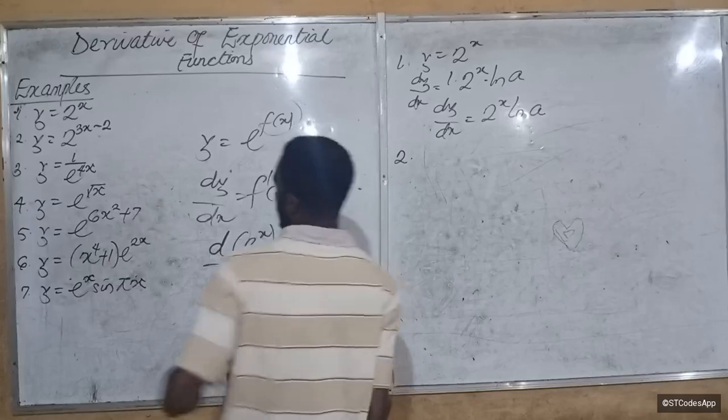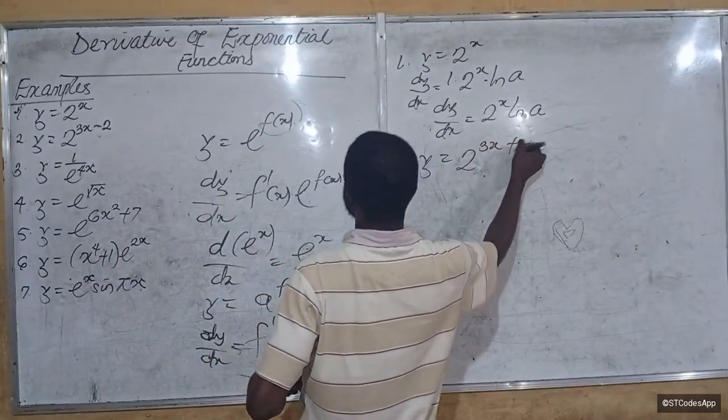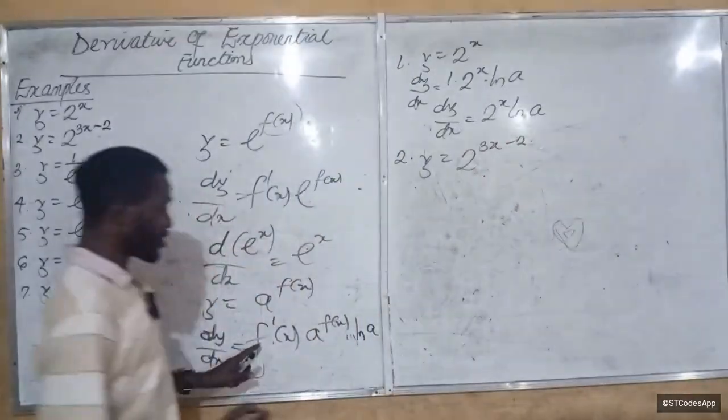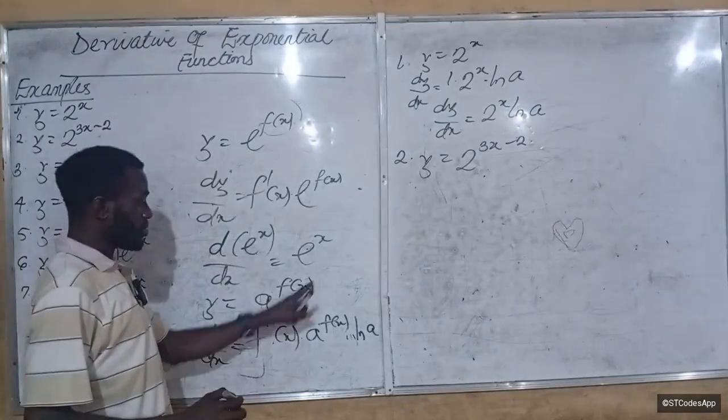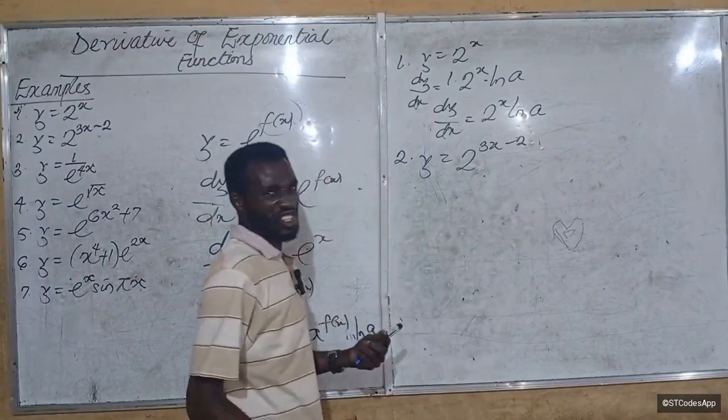Then for number 2, we have y is equal to 2 raised to power 3x minus 2. In the same manner, we'll follow this formula. We'll first differentiate the power, which is another function, more like the chain rule.